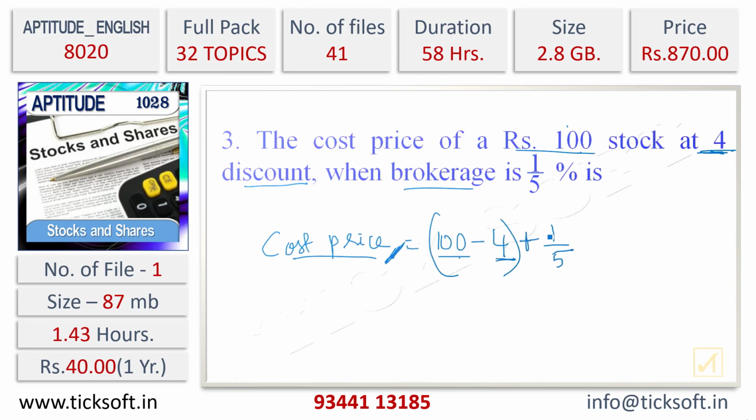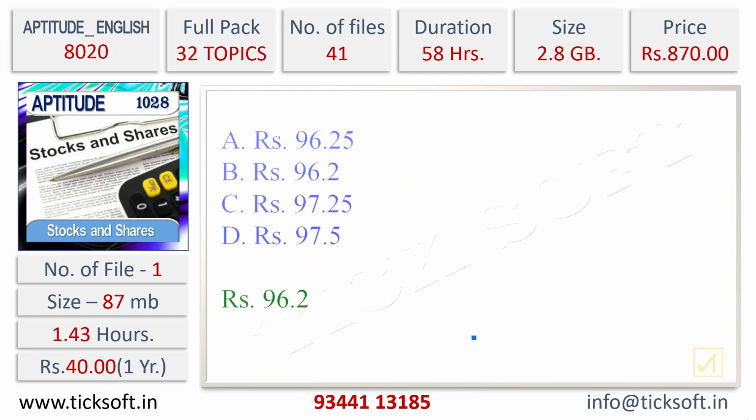That is why we have added 1 by 5, because 1 by 5% of 100 is 1 by 5. So now 100 minus 4 is equal to 96, and 1 by 5 is equal to 0.2, and when we add these two values, we get 96.2. So this is the cost price. So hence out of these four options, option B, rupees 96.2 is the correct answer. And now let us see the fourth question.